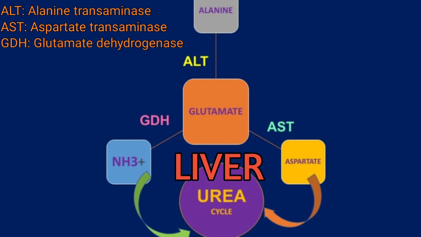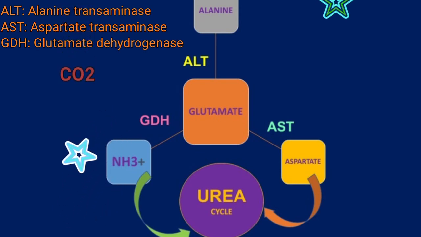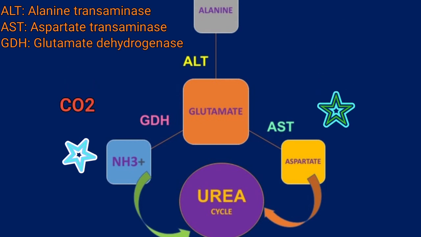So this is what it's doing. See what's needed for the urea cycle. Here's ammonia. Here's a CO2. Here's another source of nitrogen. So you have one nitrogen there, one nitrogen there.